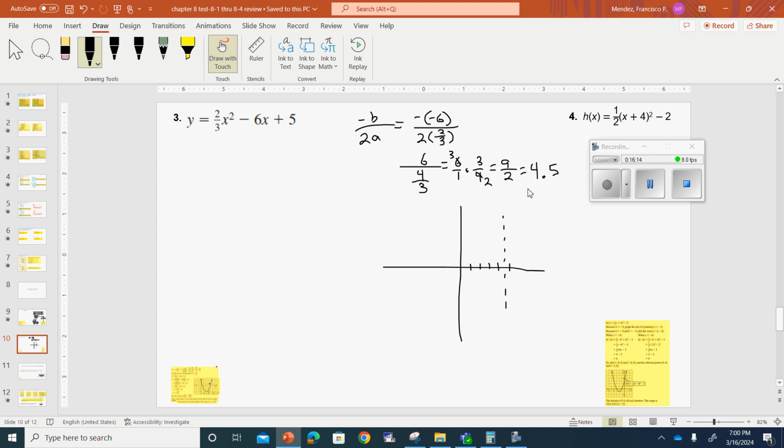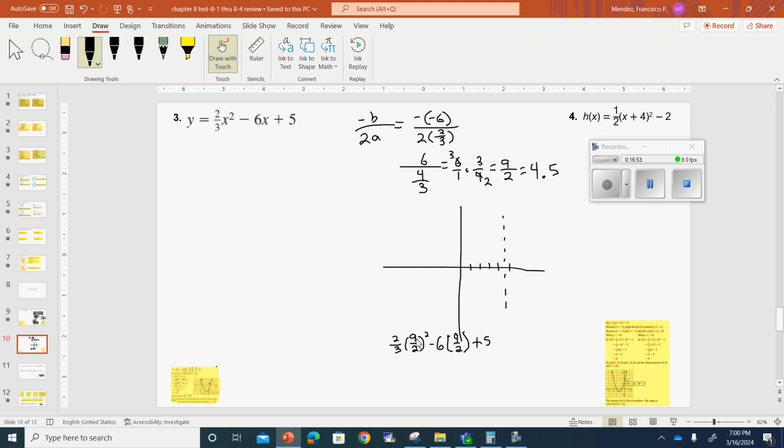Okay, now let's go ahead and work our problem. I'm going to take 9 over 2 and plug it in. So I take 2/3 and multiply it by 9 over 2 squared, and then we're going to subtract 6 times 9 over 2, and then we're going to add 5.